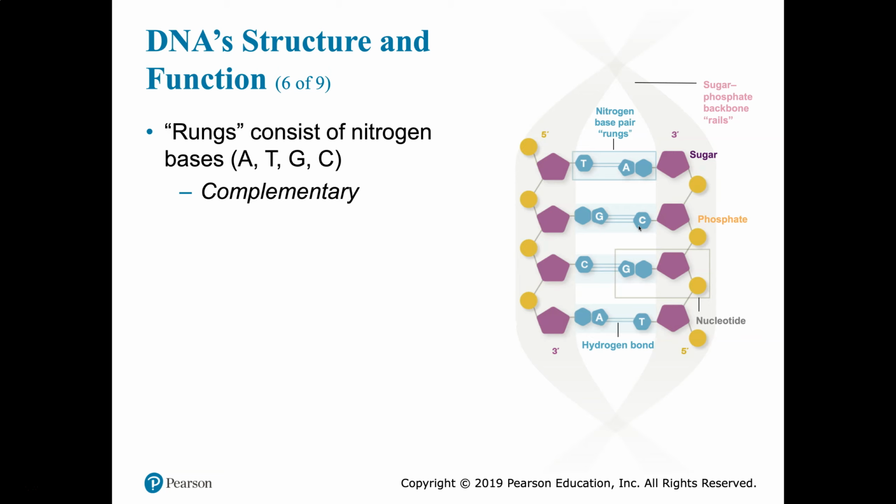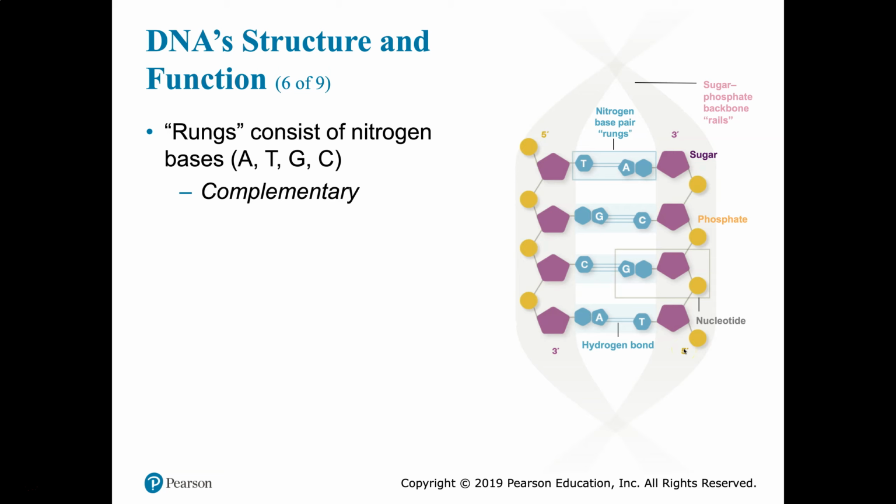One thing I will point out about this is these numbers that are here. On the left-hand side at the top you have this 5', at the bottom you have the 3'. Over here, it's the opposite, 3' to 5'.